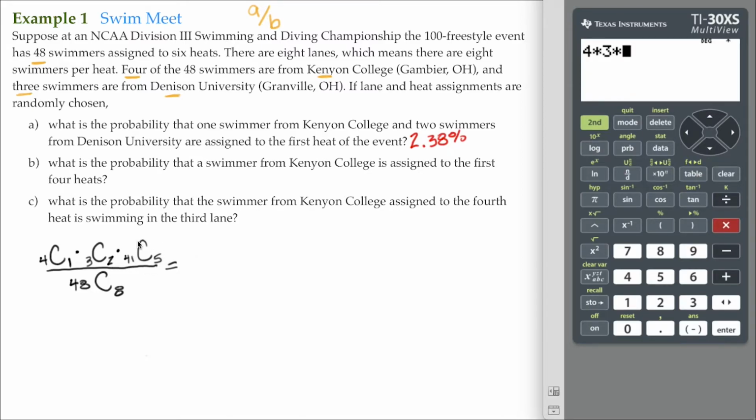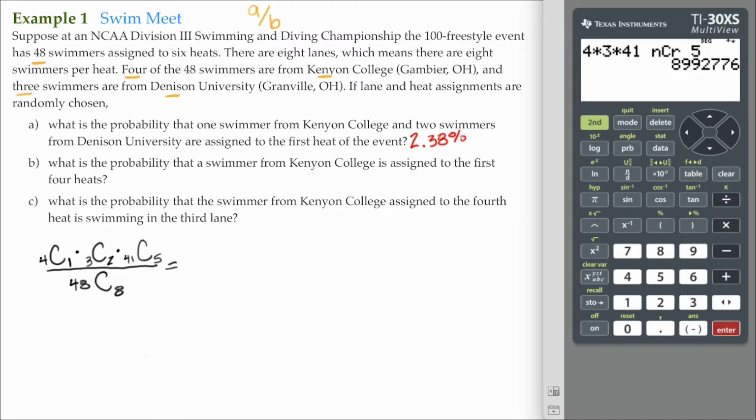So I'm going to type it in as 41, go to our probability key, type in 2. So there's our choose, 41 choose 5. And as you can see right here, we have 4 times 3 times 41 choose 5. Hit enter. And that's 8,992,776.